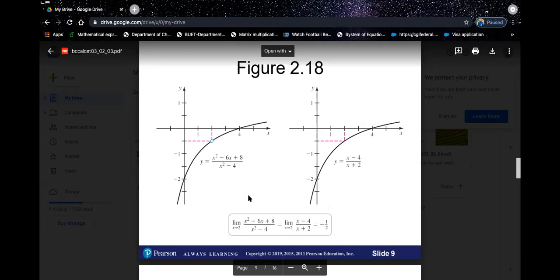That's what I said a couple of minutes back, if you remember. You started with an undefined one, but then you remember, hold on, I can actually simplify it. And then after simplifying, you actually get a limiting value, right?